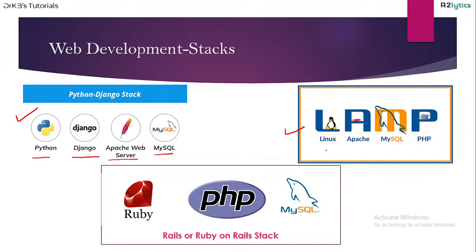So you have to learn Linux, Apache, MySQL, and PHP, and you'll become a LAMP stack developer. And the fifth one is this one. In this you have to learn the Ruby framework, PHP language, and MySQL database. So these are the stacks for a full stack web developer.